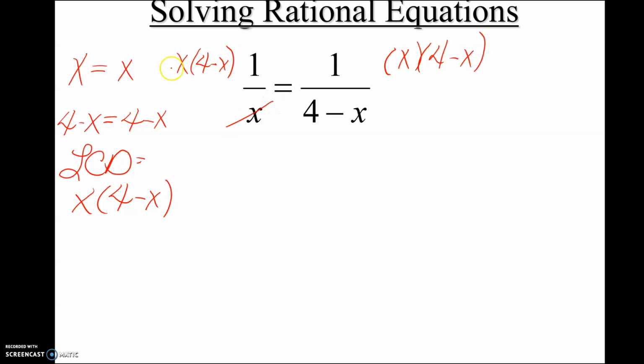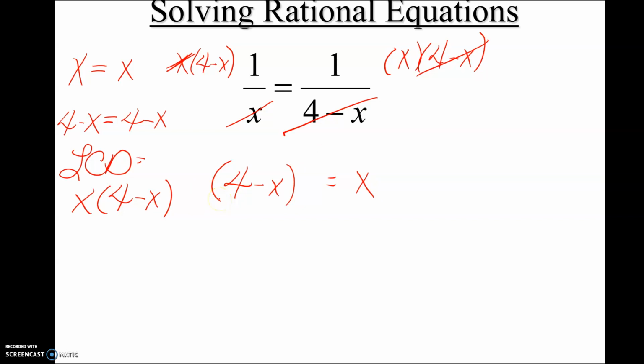So factors cancel out, so that'll cancel that out and give me 1 on that. So then I have 4 minus x times 1. And this 4 minus x will cancel out with that 4 minus x, so I have x times 1, which is just x. And 1 times anything is also just itself.